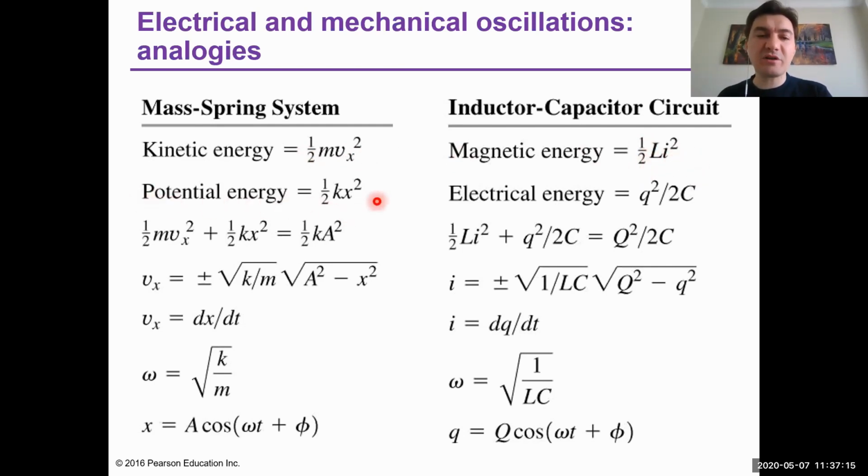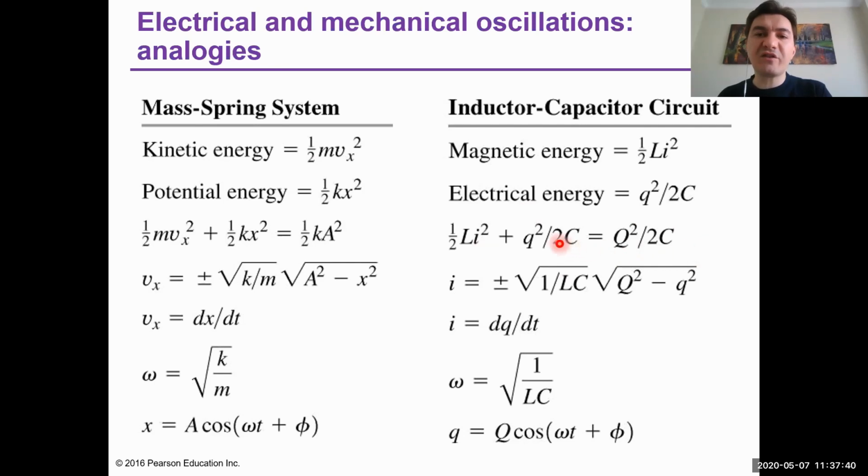And potential energy in the mass spring system, so electrical energy in the capacitor, 1/2 1/C q squared. So instead of 1/C, you can see k, and then instead of x squared, you can see q squared here.